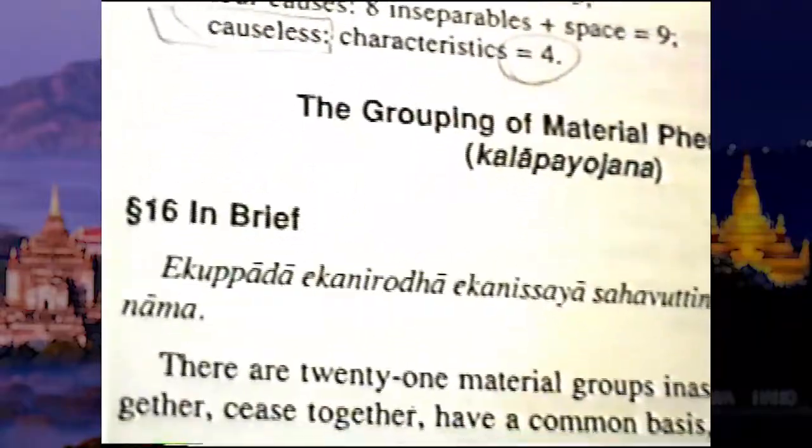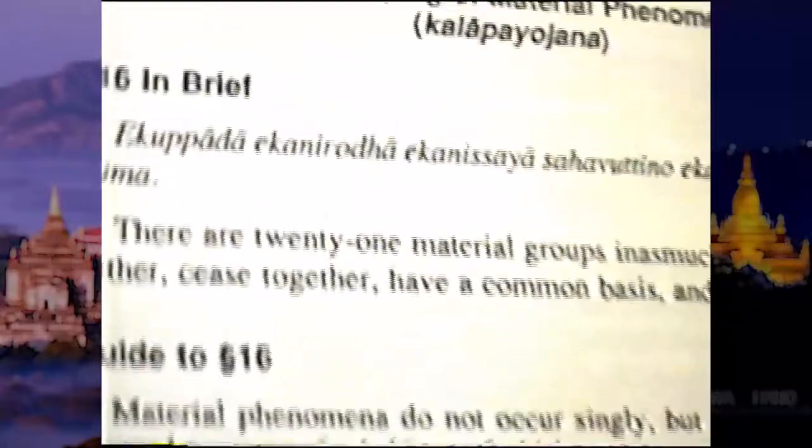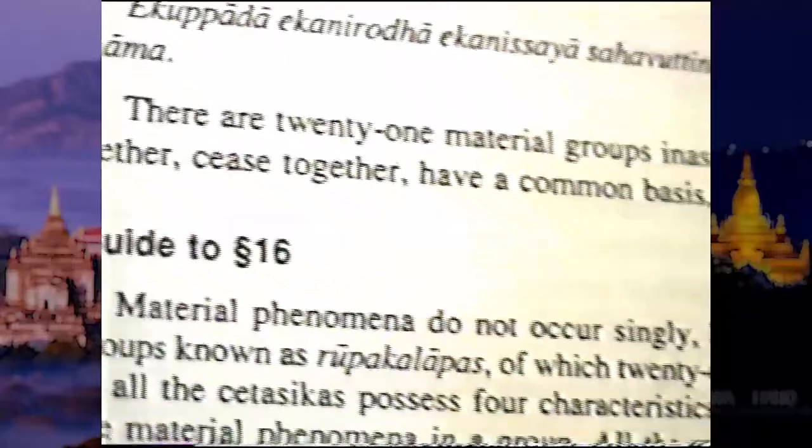So there are 8: the 4 essential elements, Rupa, Gandha, smell, Rasa, taste, and then Ahara, nutriment. These 8 are called Avinebhoga in the section Rupa Vibhaga.